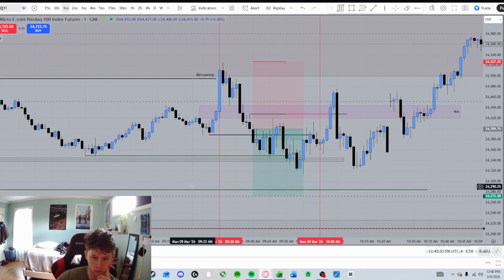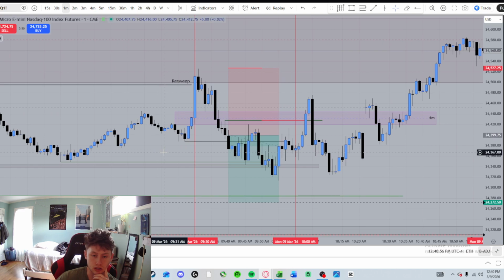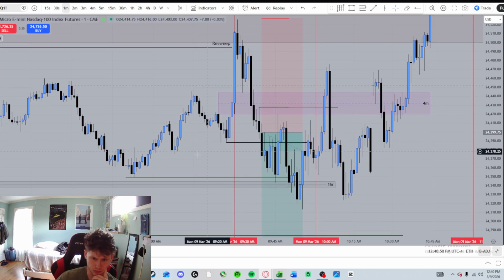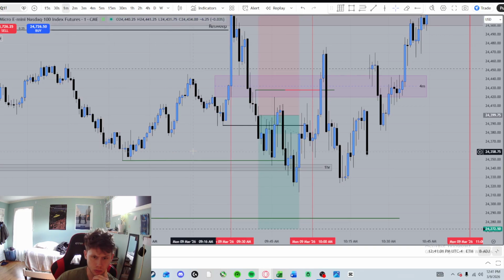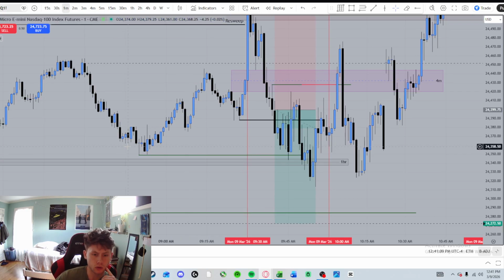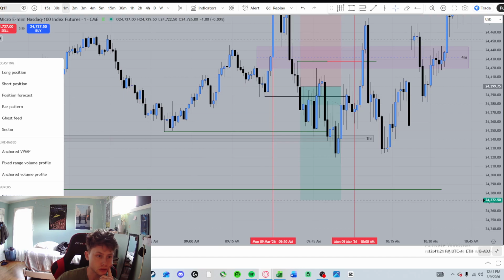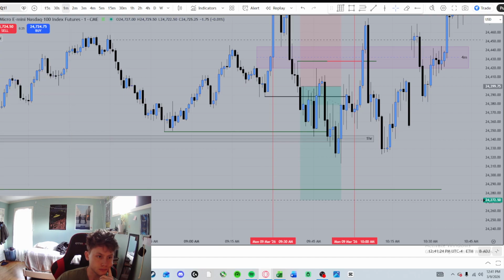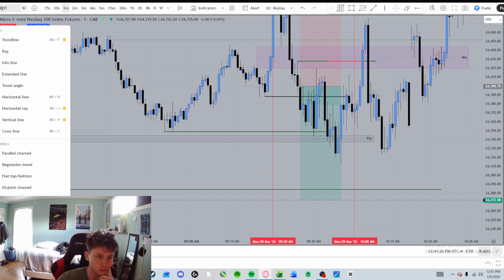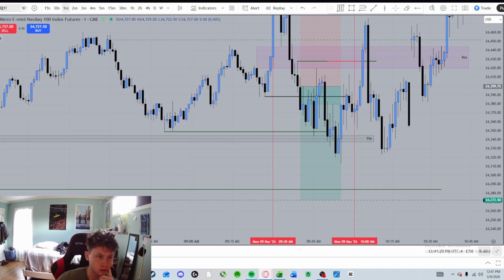You need to be familiar with intermediate term highs and lows. You're looking for a short-term low in between two other short-term lows, on the right and left. For example, here, let me get the trend line tool.